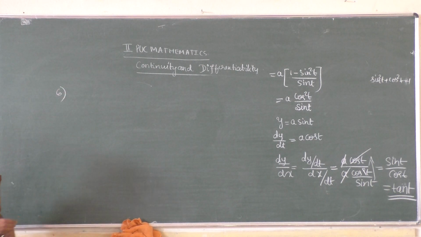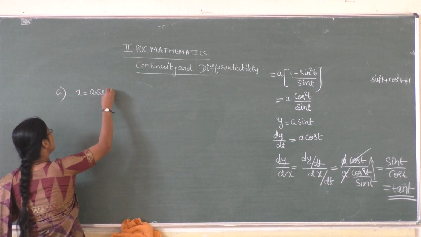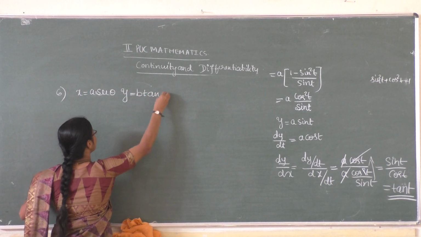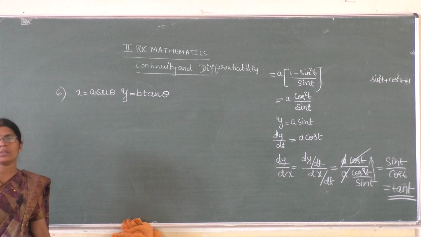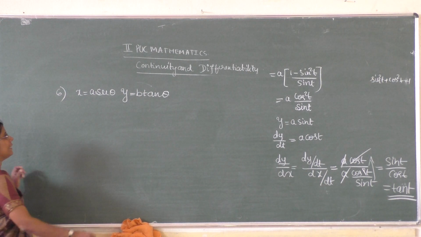The problem is x is equal to a secant theta, y equal to b tan theta. Okay, x is equal to a secant theta, y is equal to b tan theta.